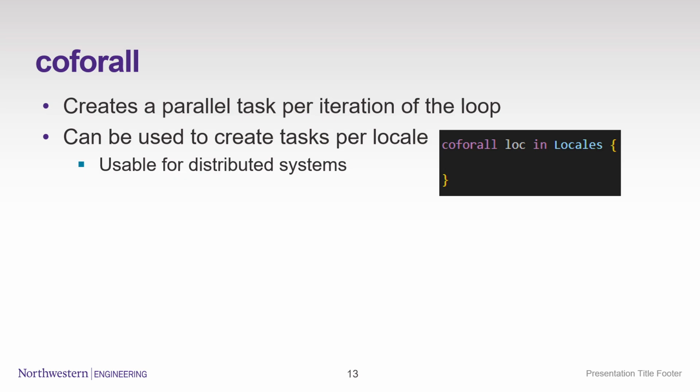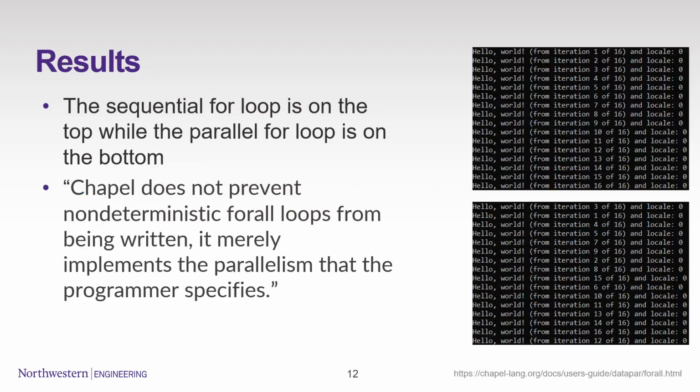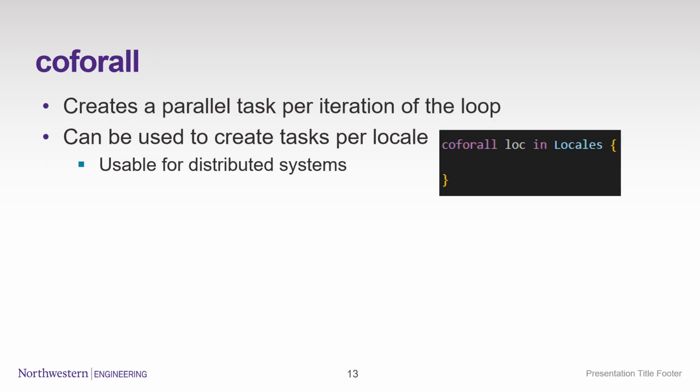There's also the function coforall, which creates a parallel task per iteration of the loop. Looking at the previous slide, forall message in 1 to number of messages, that may have created 8 tasks. But for coforall, it would create 16 tasks.